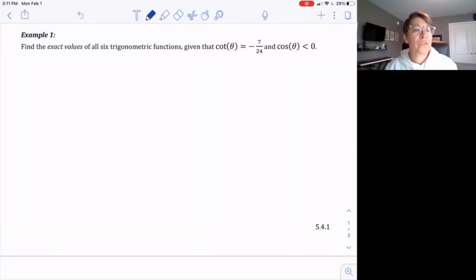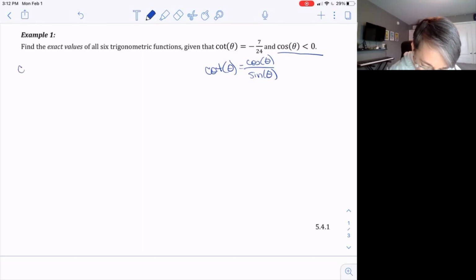So let's take a look at the first example where we're asked to find the exact values of all 6 trigonometric functions. Now they're giving us the cotangent of theta is -7 over 24. We know that cotangent of theta is the same thing as cosine of theta over sine theta. So if that was the only information they gave us, we wouldn't know whether it was the cosine that was negative or the sine that was negative. So they have to give us this other piece of information stating that it's the cosine theta that is negative.